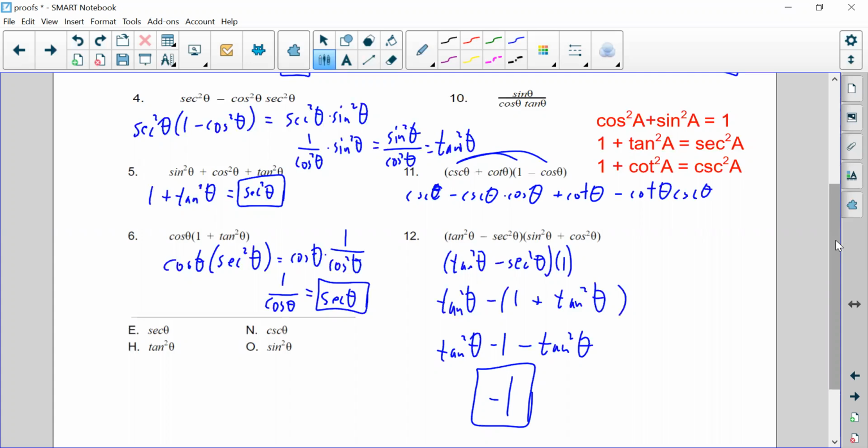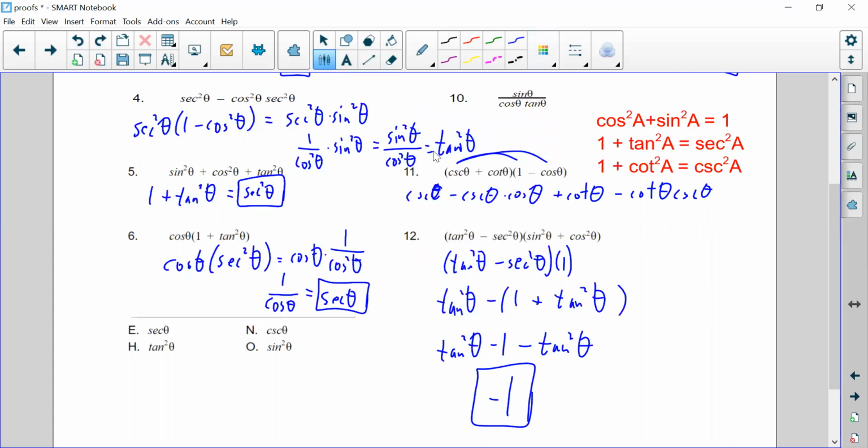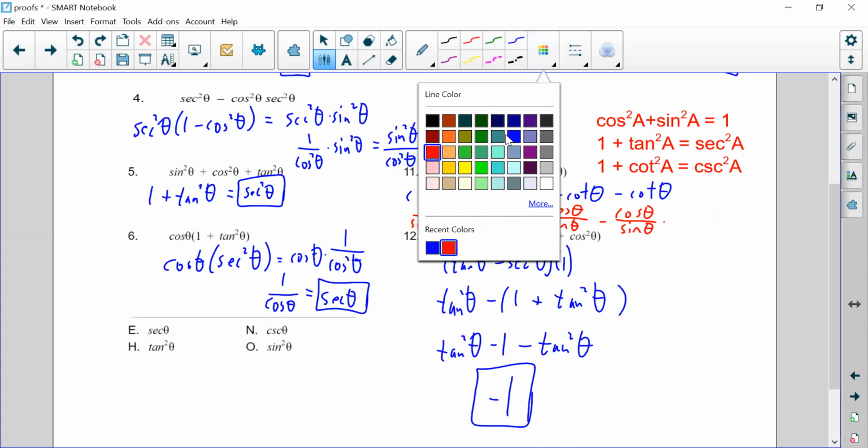It's unclear what to do, so I'm going to change everything to sines and cosines. So cosecant is 1 over sine. Cosecant is 1 over sine. And then cosine. Cotangent is cosine over sine. Cotangent is cosine over sine. And cosecant, oh, sorry, cotangent times cosine. I miswrote that.